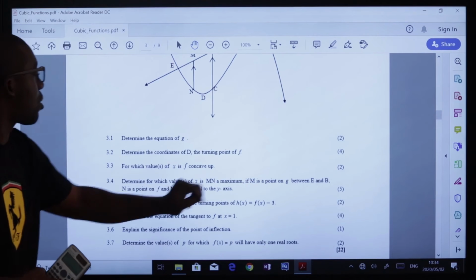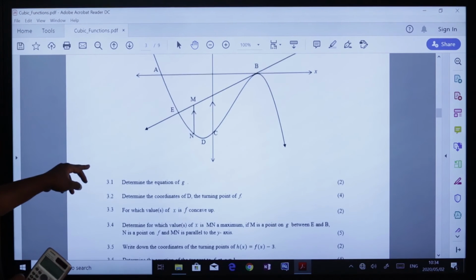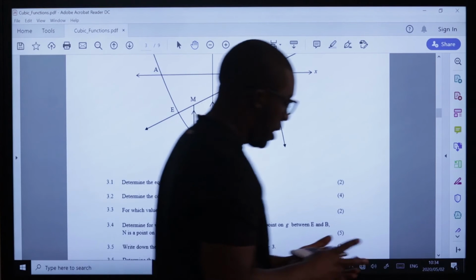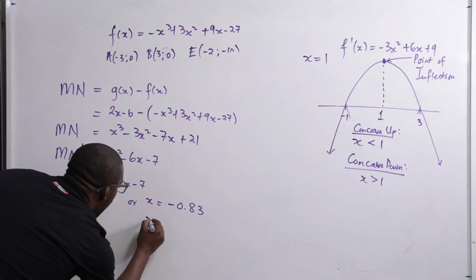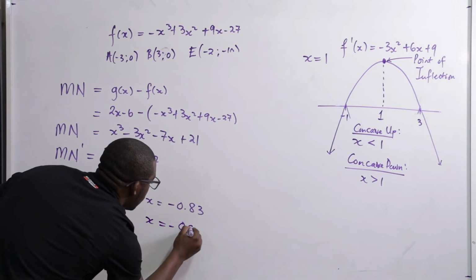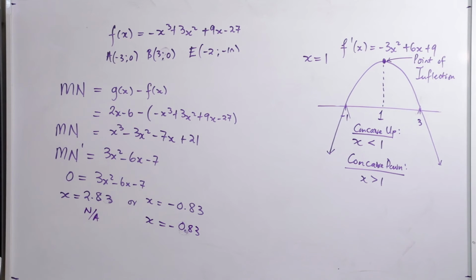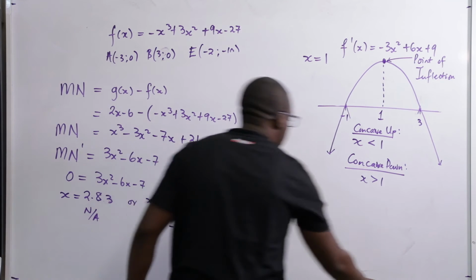So that satisfies the solution if M is a point and is parallel to the y-axis. So this can only happen at x equal to minus 0.83. This one would ensure a minimum, so we disqualify it. It's a solution, but we call it not applicable.